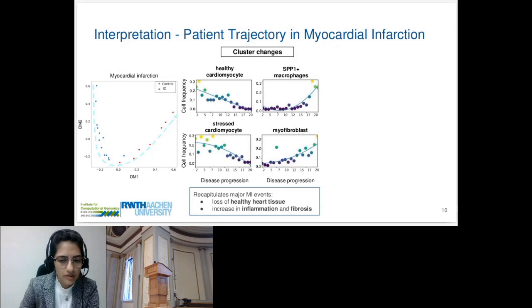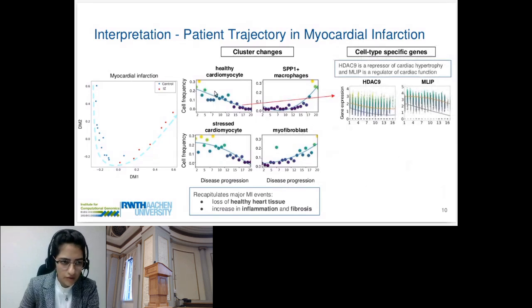The other interesting thing is the cell type specific genes. For the cardiomyocytes, we found genes that are more highly expressed in cardiomyocytes compared to other cell types. We realized that HDAC9 is a repressor of cardiac hypertrophy, and MLIP is a regulator of cardiac function.